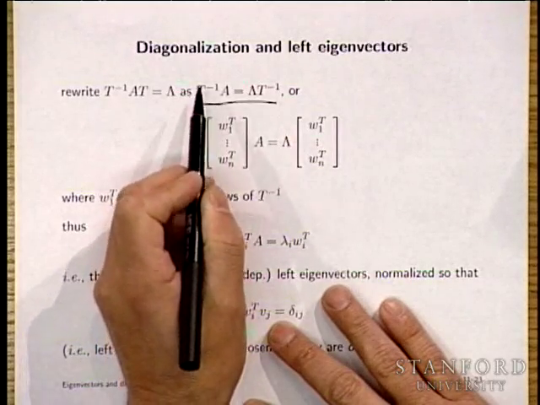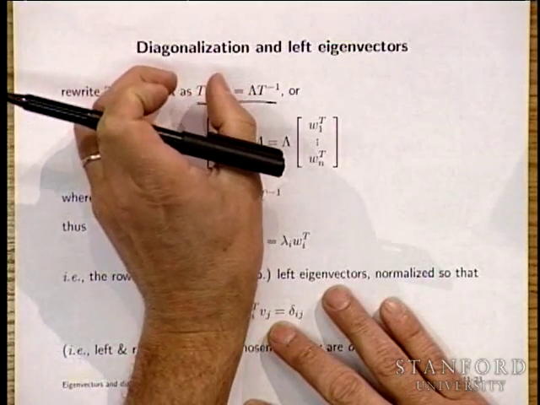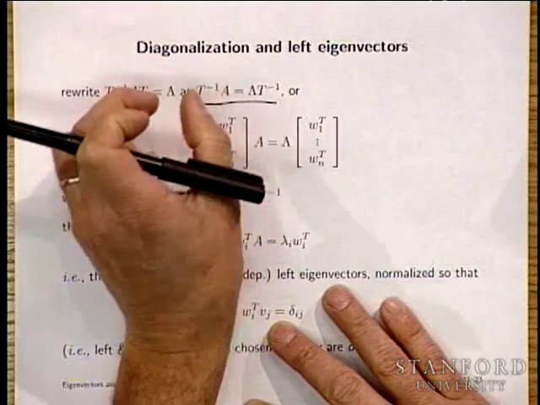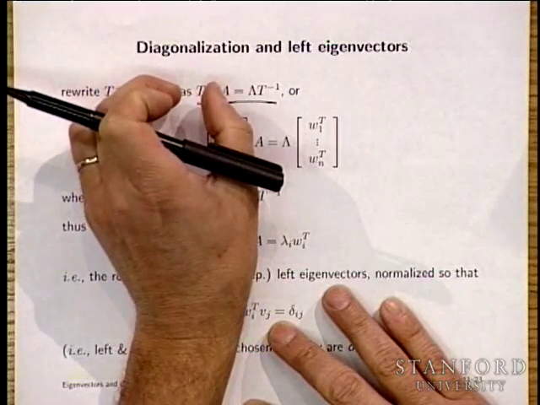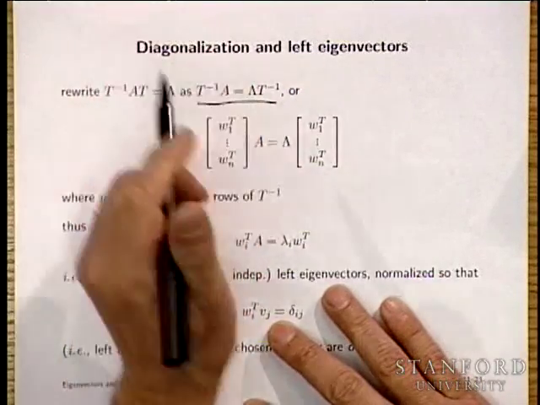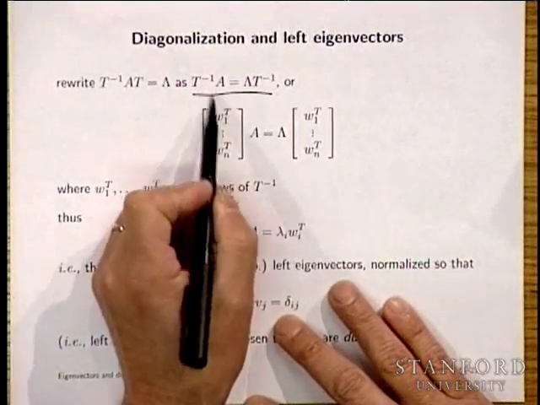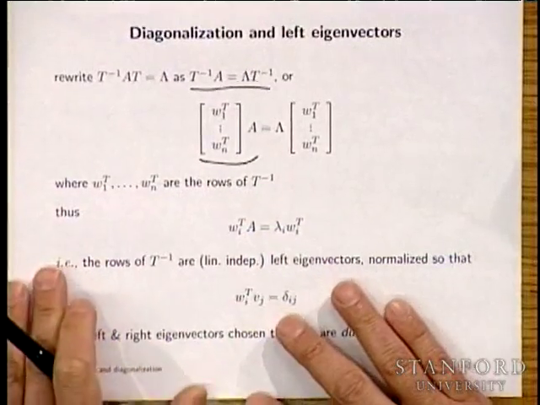In this way, you can write matrix multiply as a batch operation in which you multiply the rows of the first matrix by this matrix here. In other words, this is nothing but this.